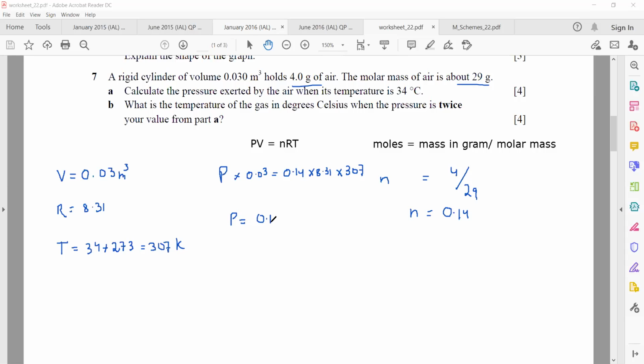So P equals 0.14 multiplied by 8.31 multiplied by 307, divided by 0.03. So we'll get P. That's the final answer, which will be in Pascal, or you can say Newton per meter square. Is it clear, this example?